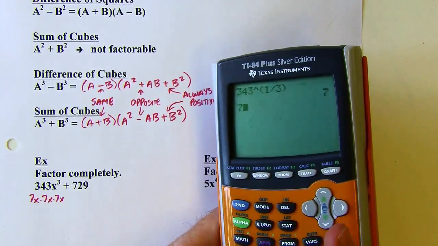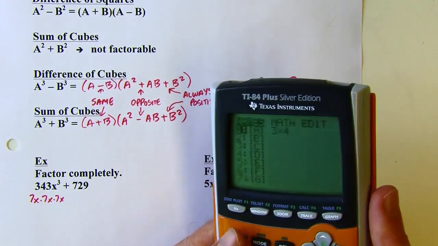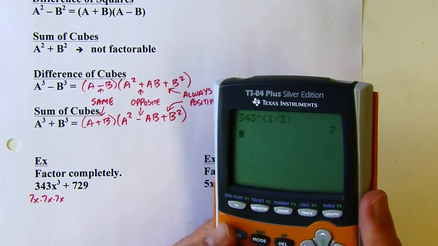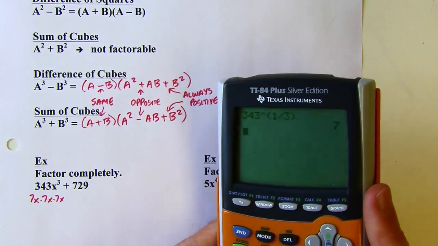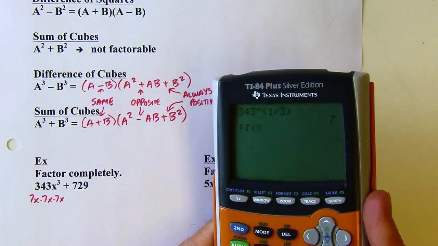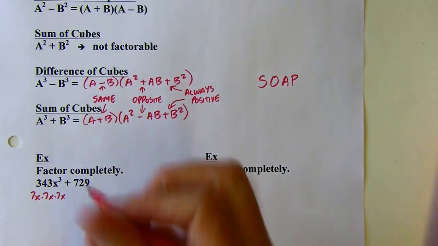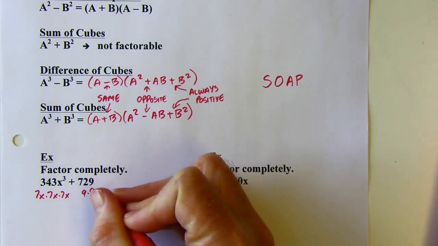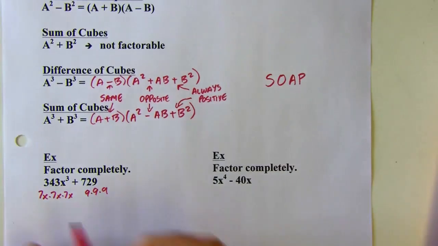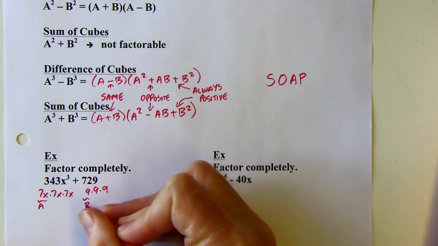But I'm going to do the cube root of 729 with my calculator. Whoops, wrong button. What am I doing? Lost. Okay, that's because I hit second. I want to hit math, and then cube root, and 729. So that's 9. Okay, so this is 9 times 9 times 9. So that means for this problem, 7x is my A, and 9 is my B, okay?